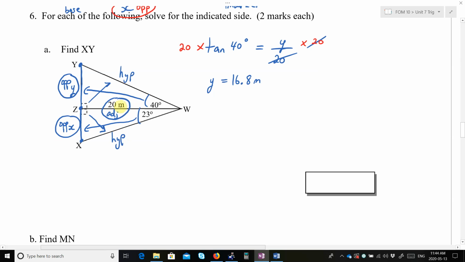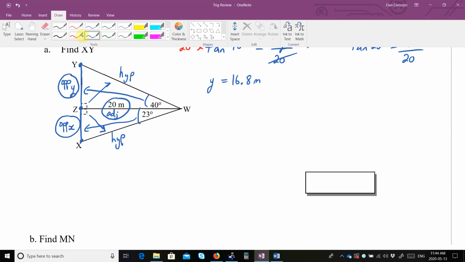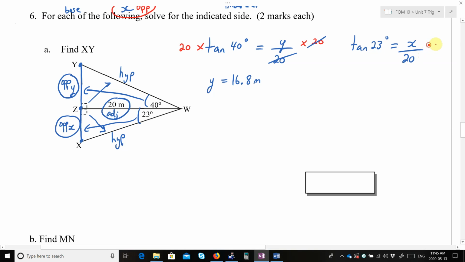So we are working with adjacent and opposite, so that's going to be tan again. We would go tan of 23 degrees is equal to x, opposite, divided by adjacent. Then multiply both sides by 20.